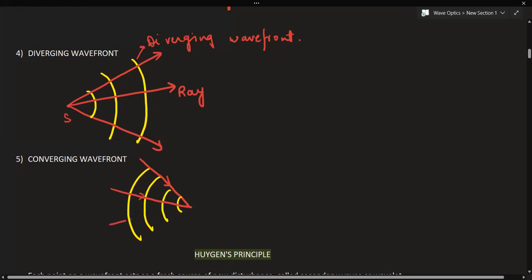So what is happening? These rays are appearing to converge. So these are the rays of light, and this yellow line is representing the converging spherical wave. Understood or not?